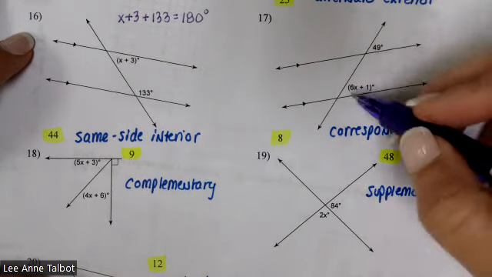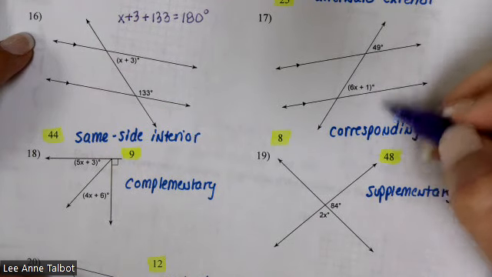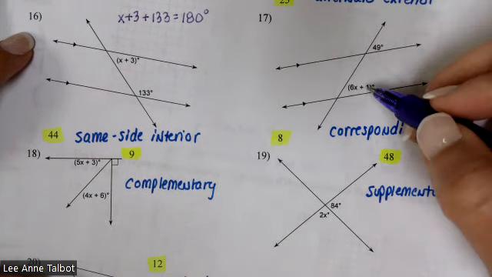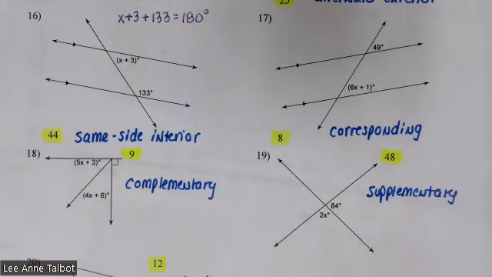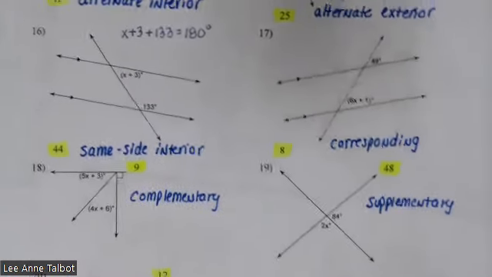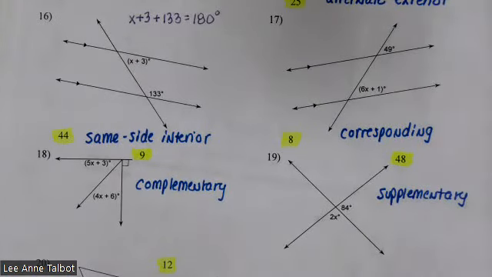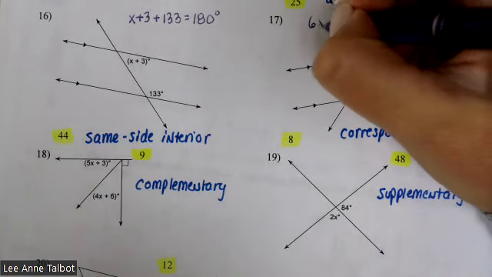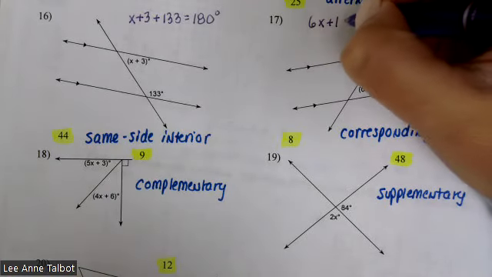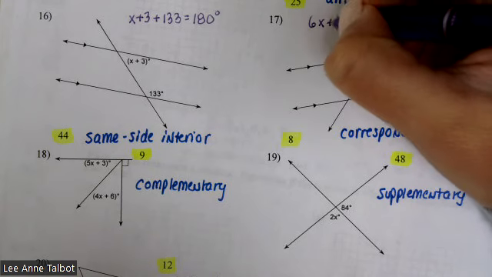Number 17, those are corresponding. Those are also equal, so I would set those equal. Which would be 6x plus 1 equals 49.